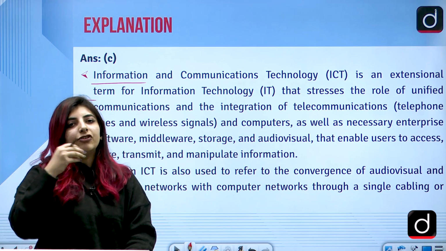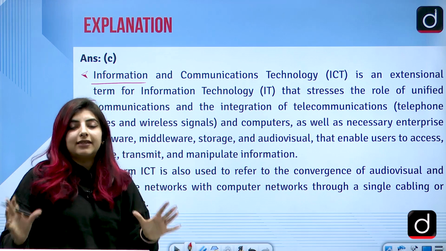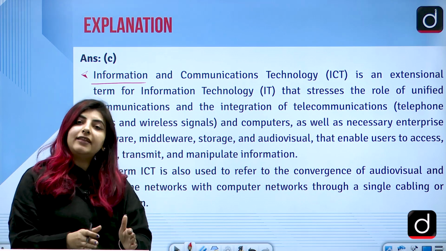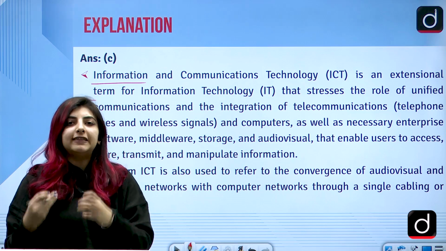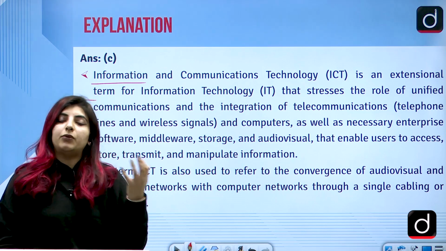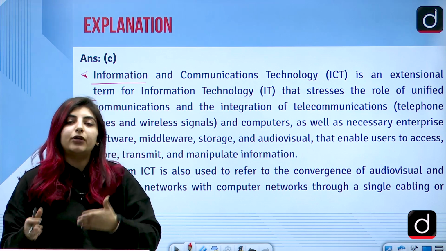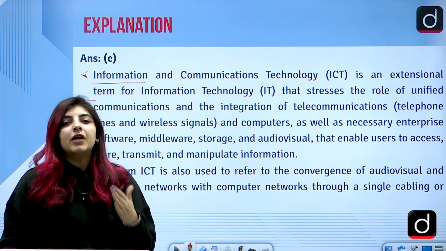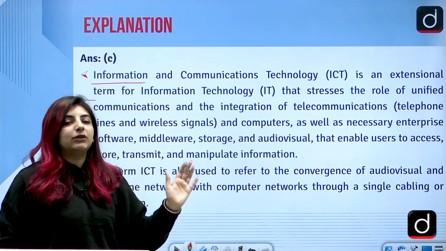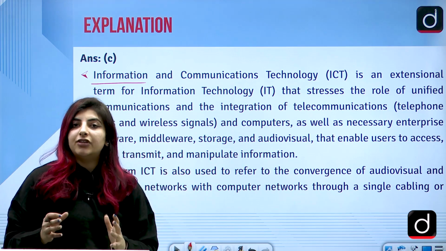So ICT is not just related to the internet, but everything and anything related to a computer system, from a modem to a router, from a small mouse, the input and output devices, all of them comprise information and communication technology.